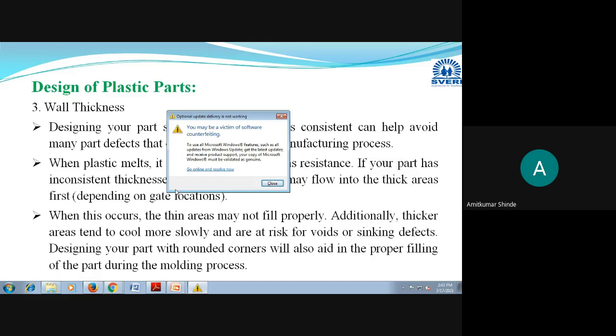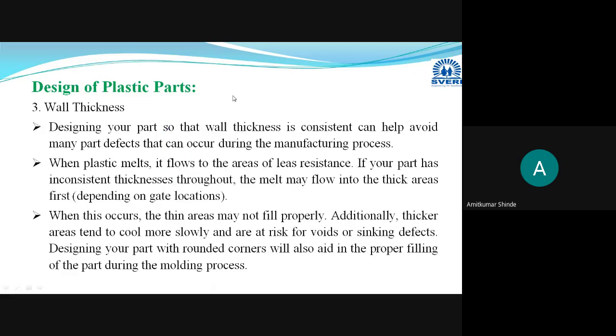Another point is, sometimes when a large thickness or more thickness is there, then shrinkage will be more. Shrinkage will be more. So that's why there is a basic rule that as far as possible wall thickness should be minimum, and it should be uniform throughout. Now, why is it necessary that it should be uniform?